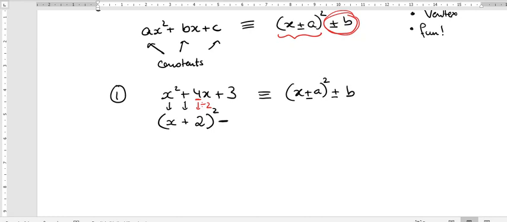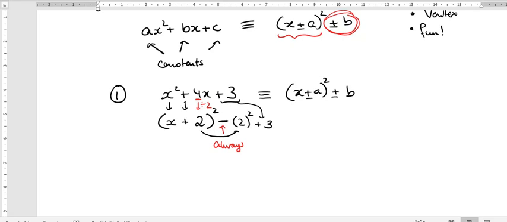This is always a minus when you're completing the square. And then you always take this number, 2 squared, so you're almost cancelling it out as a number at the end. So you subtract that, and then whatever number you have left, you just put it there, so plus 3. And that's completed the square, really.